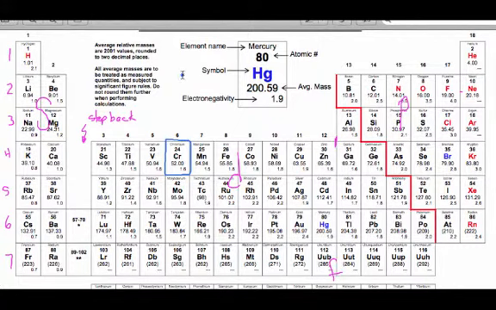Okay, so let's go through using the periodic table to figure out how that electron configuration came to be. So we go 1s2, okay, and really you could think about helium could rightfully be placed right here because it really has no p electrons.